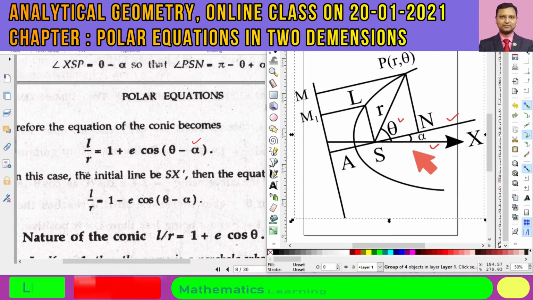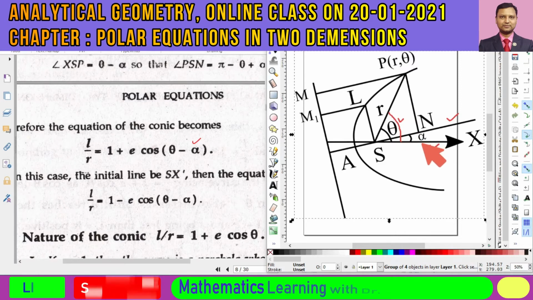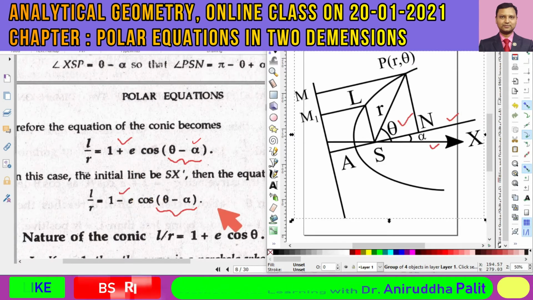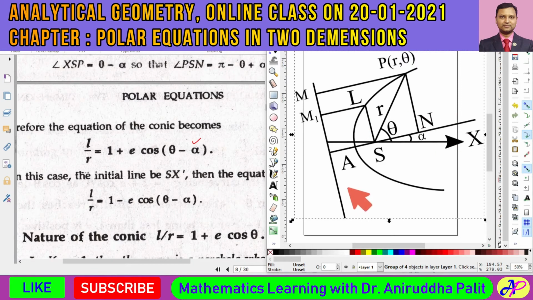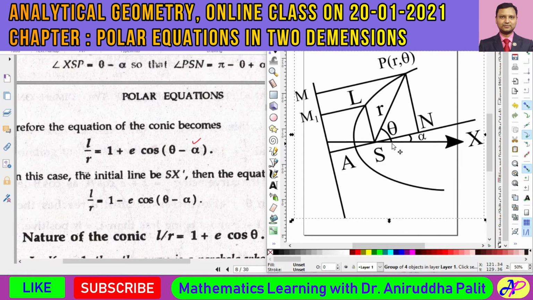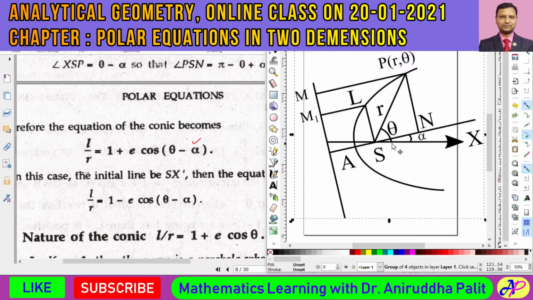In that case the angle PSN is equal to theta minus alpha, and that's why we shall have theta minus alpha in place of simply theta. Whether it is plus or minus, it doesn't matter. In both cases, in place of theta, we encounter theta minus alpha. Okay, so this is the equation of the conic in terms of polar coordinates.